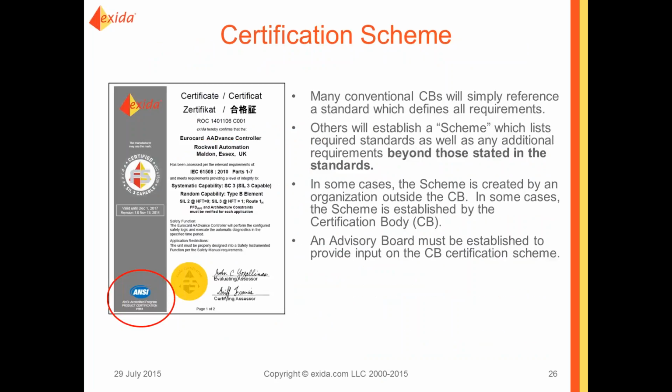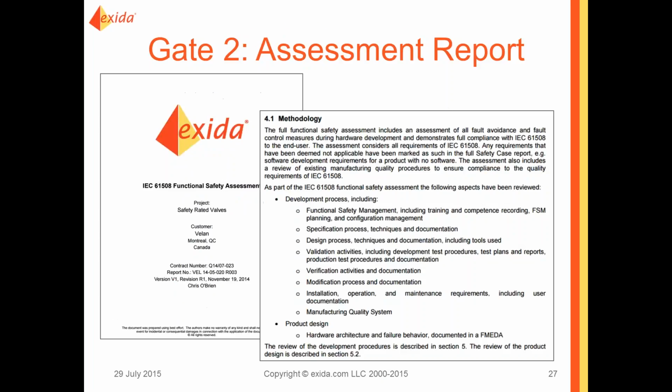So you need to look at where you're getting the data and what data you're getting. Gate 2 would then be the assessment report. Regardless of who says the device is suitable, there should be some documentation for it.